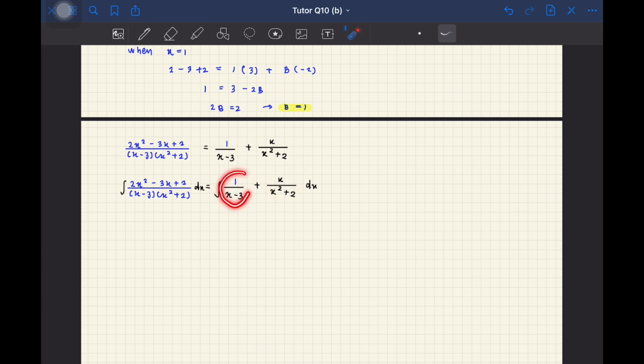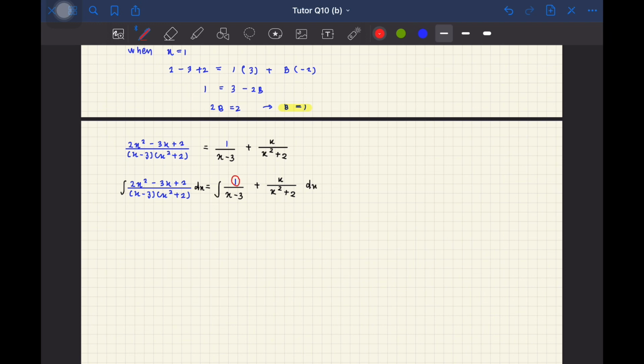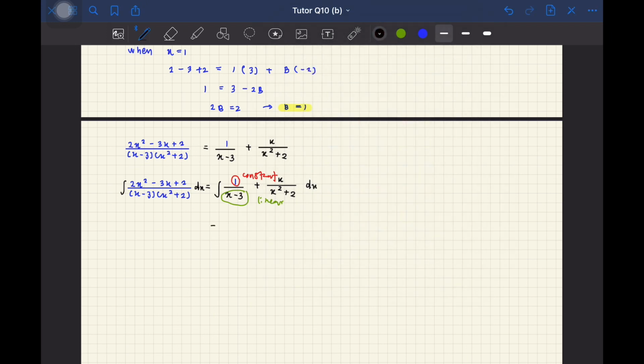So for the first one, look here. Okay, so you have a constant up here and then you have a linear down here. So when you have this type of function, a constant for the numerator and then a linear for the denominator, the integration of this type of function is always going to give you ln x.